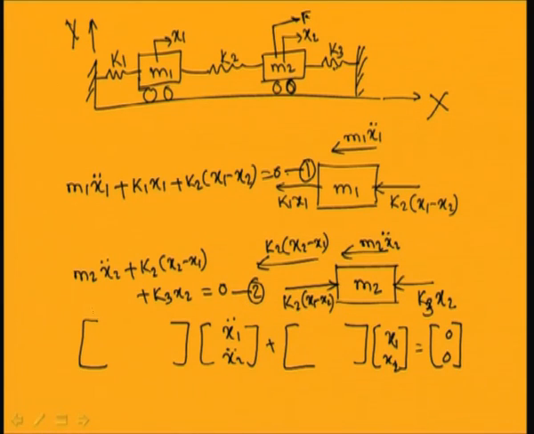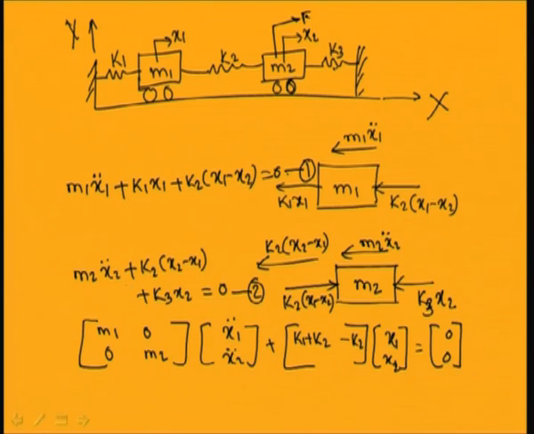In this case your mass matrix becomes m1, 0 in the first row and 0, m2 in the second row, multiplying x1 double dot and x2 double dot. For the stiffness terms, you have k1 x1 and k2 x1, so k1 plus k2, and then minus k2.